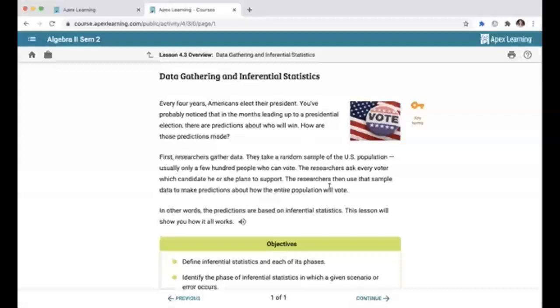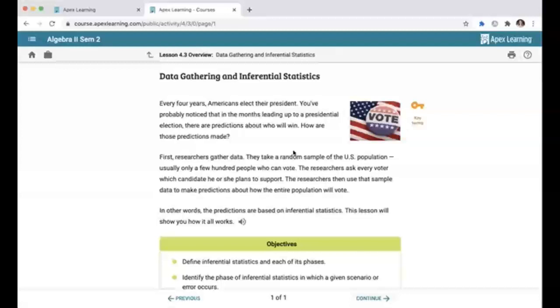And that's why maybe you've heard the phrase, oh, this person's up in the polls. Well, yes, you're up in the polls, meaning the random amount of people that we sampled, you are winning. So that's a good predictor there.